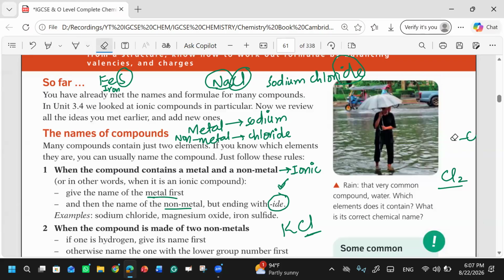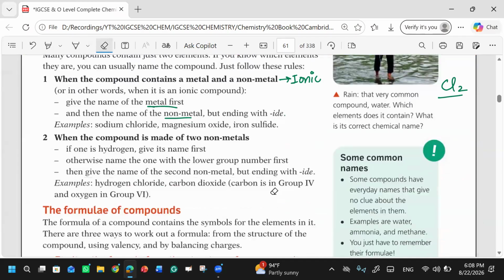You only say chloride when it is bonded to a metal. Then we change the name of the non-metal to end in IDE. Clear?